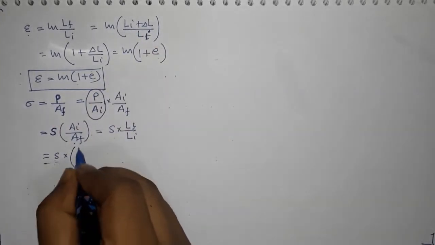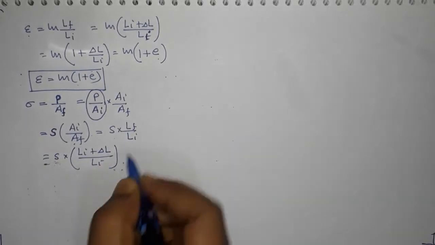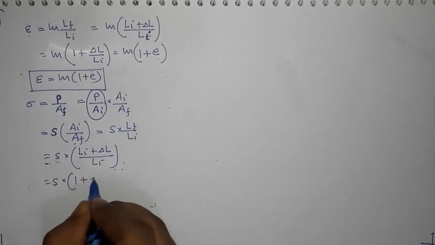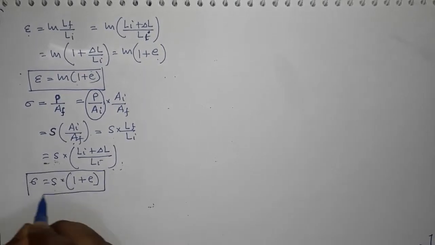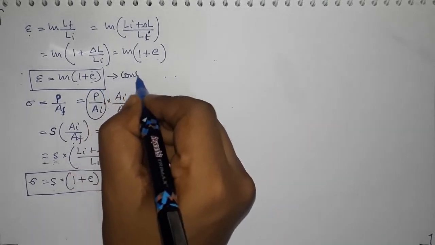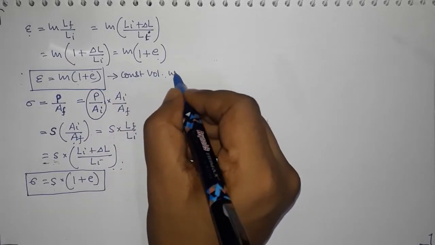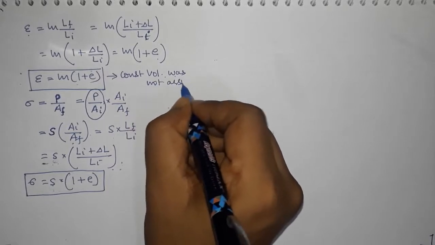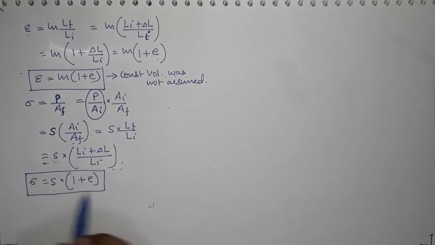So LF will be Li plus delta L divided by Li, so this becomes equal to S into 1 plus E. Okay, so remember that constant volume was not assumed for finding the earlier relationship, but here we have applied it.